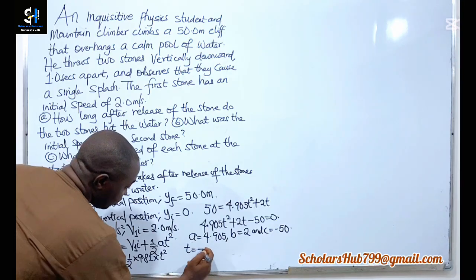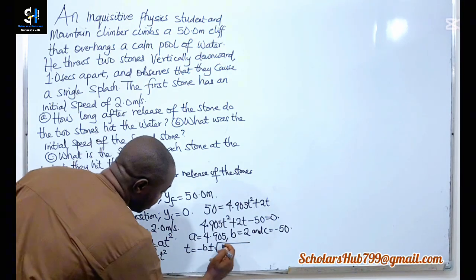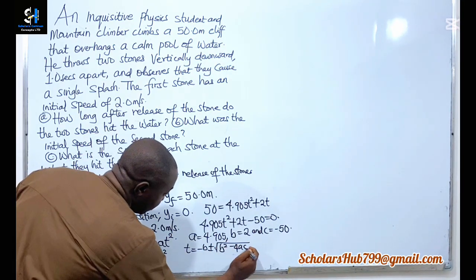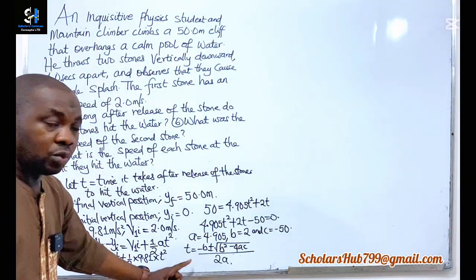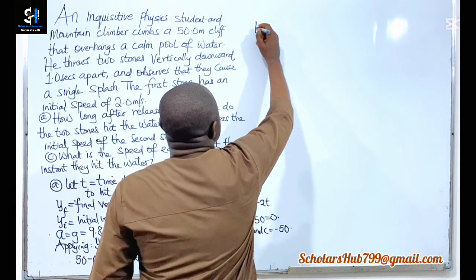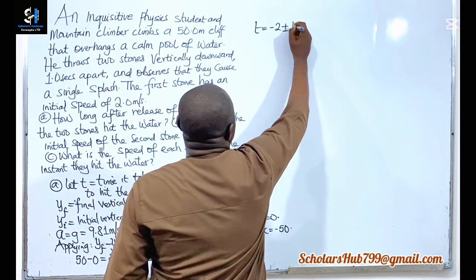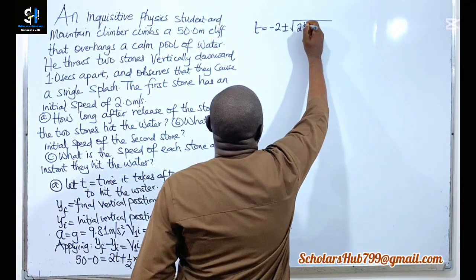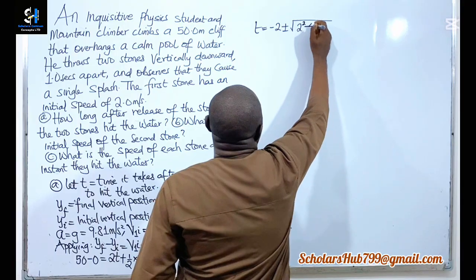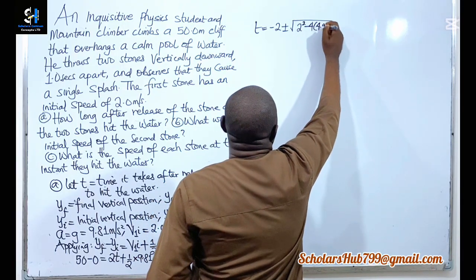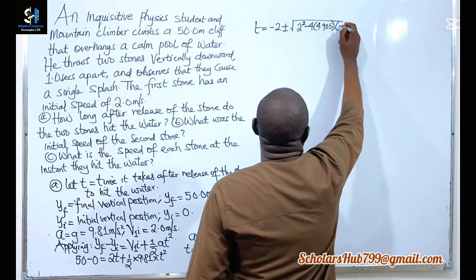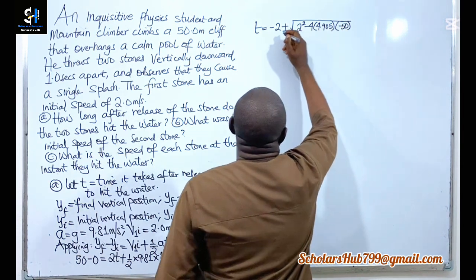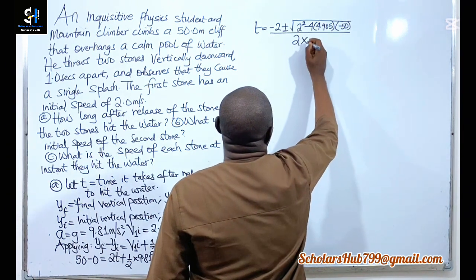So T will be minus B plus or minus the square root of B squared minus 4AC, all over 2A. Using the quadratic formula, T will be equal to minus 2 plus or minus the square root of 2 squared minus 4 times 4.905 multiplied by minus 50, all over 2 multiplied by 4.905.